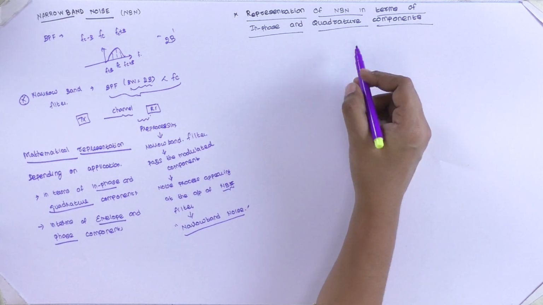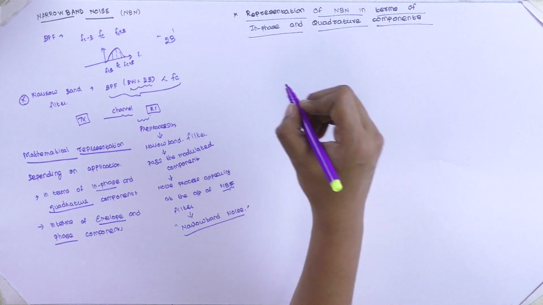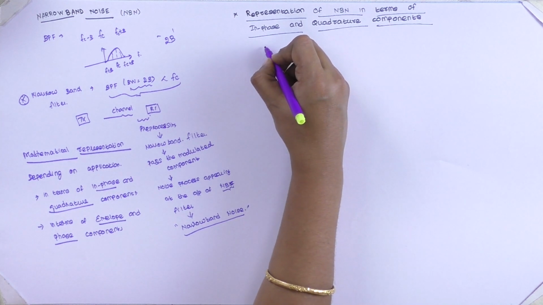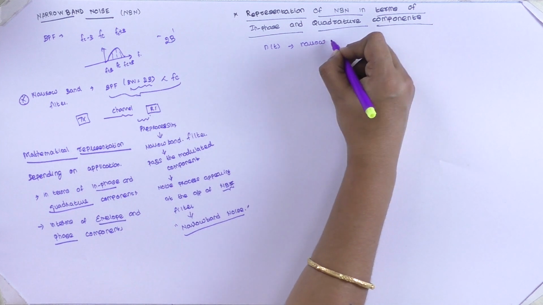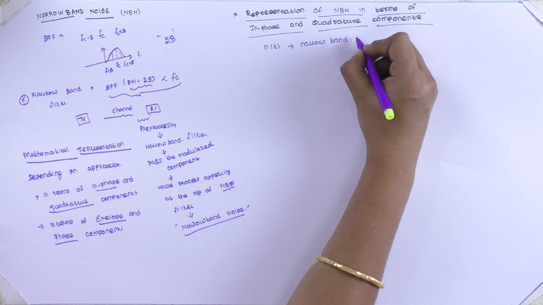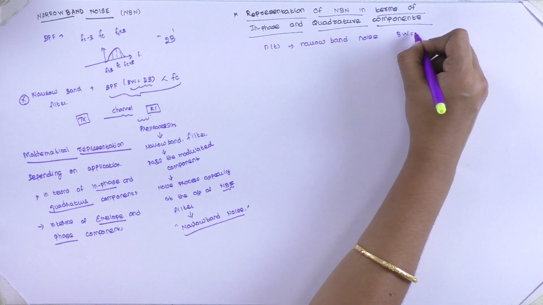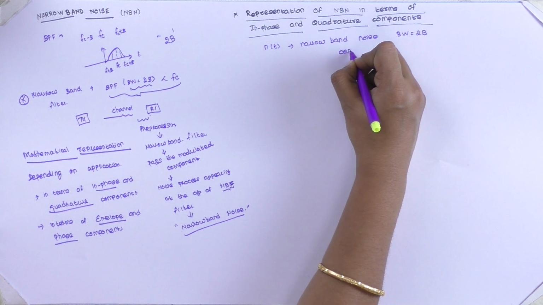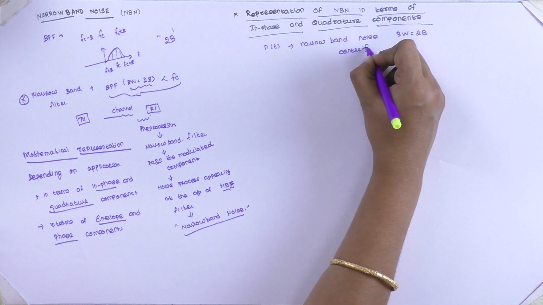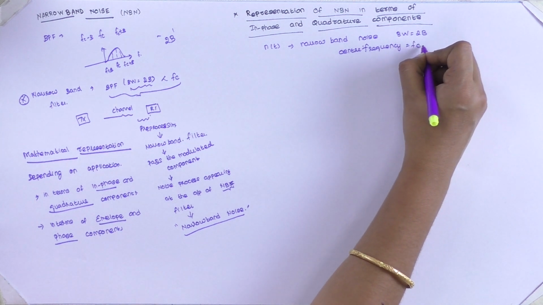We represent N of t as the narrowband noise, which has a bandwidth equal to 2B, centered at Fc. The center frequency is equal to Fc.